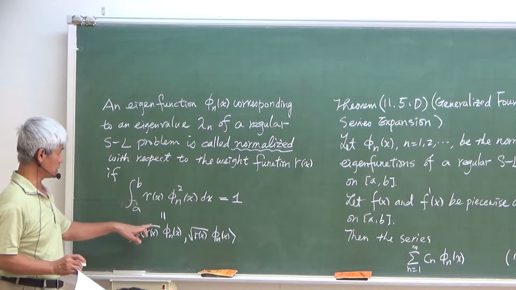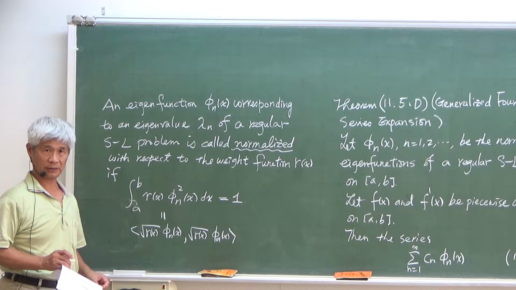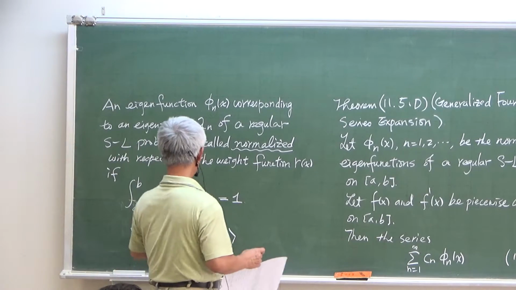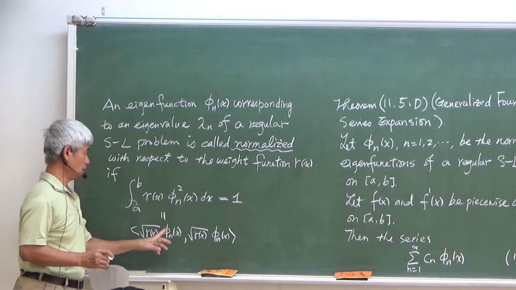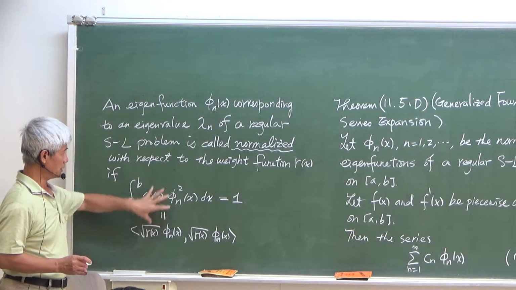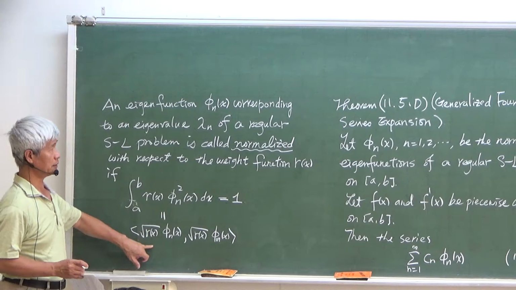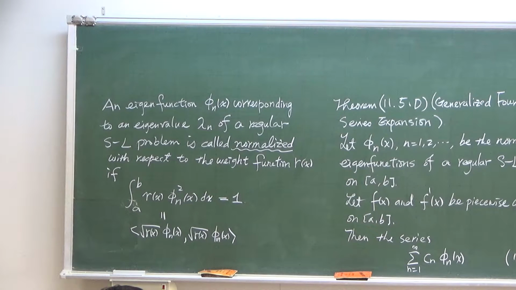So when we take the square root, there is no question. We call r(x) the weighting function because for every function considered, we multiply with the square root of r(x). So we know the C_n here.